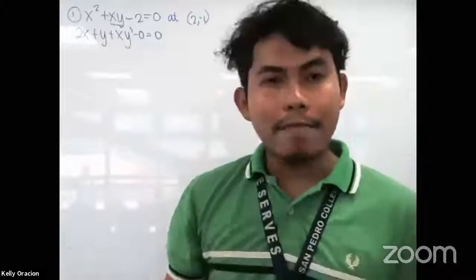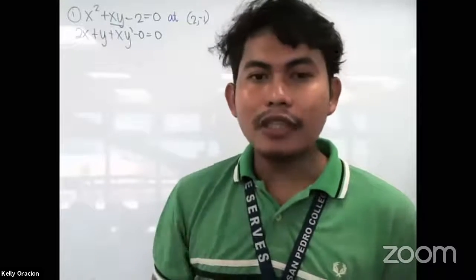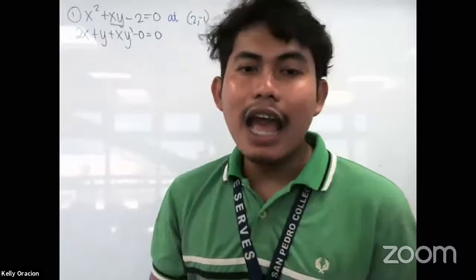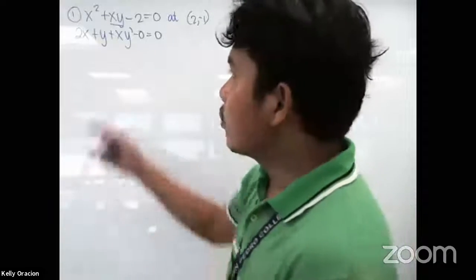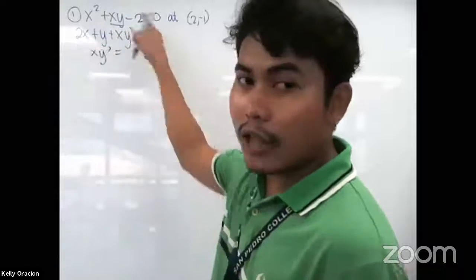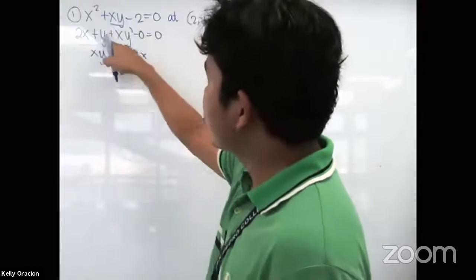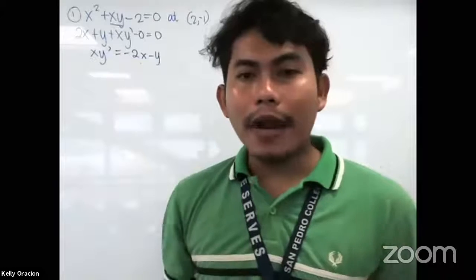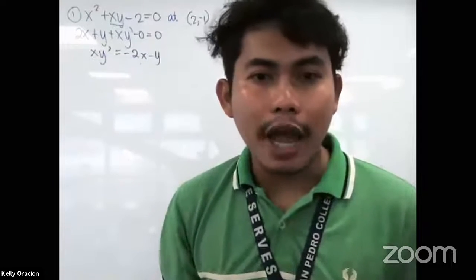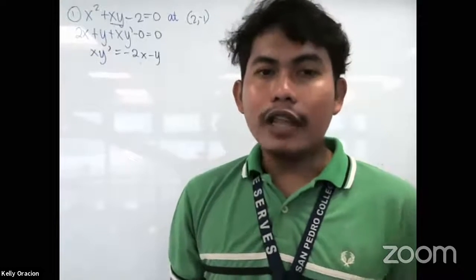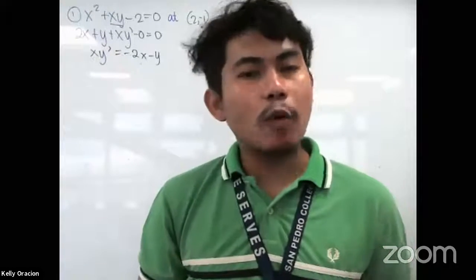Itong xy prime, meron siyang y prime, that means as is lang siya kasi nasa right side na. So minus 2x, then minus y. Again ha, lahat ng terms na merong y prime, maiiwan sa right side. Then yung mga walang y prime, you are going to transpose them to the other side.